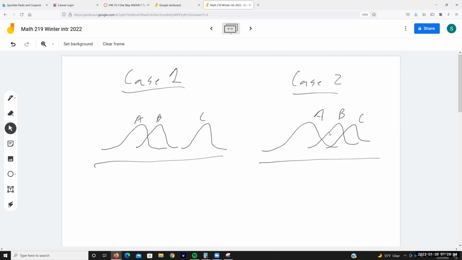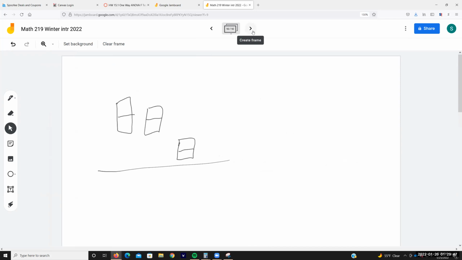You could also look at, let's say, a 5-number summary, and you could get something like this. Let's say this is case 1, and this is case 2.